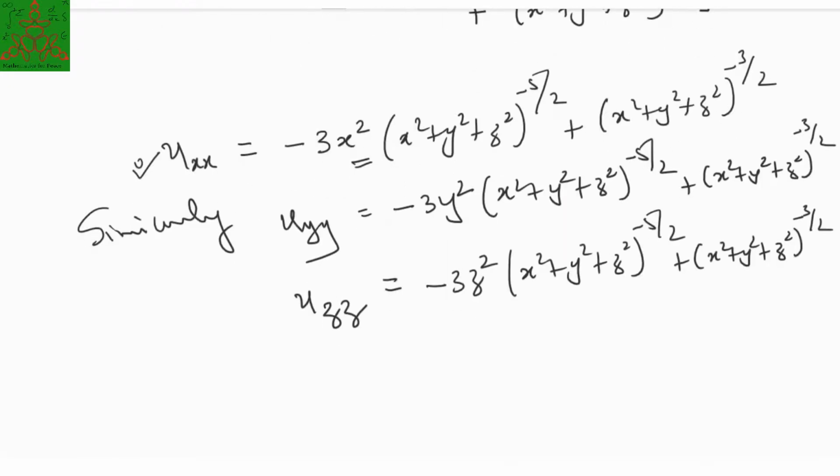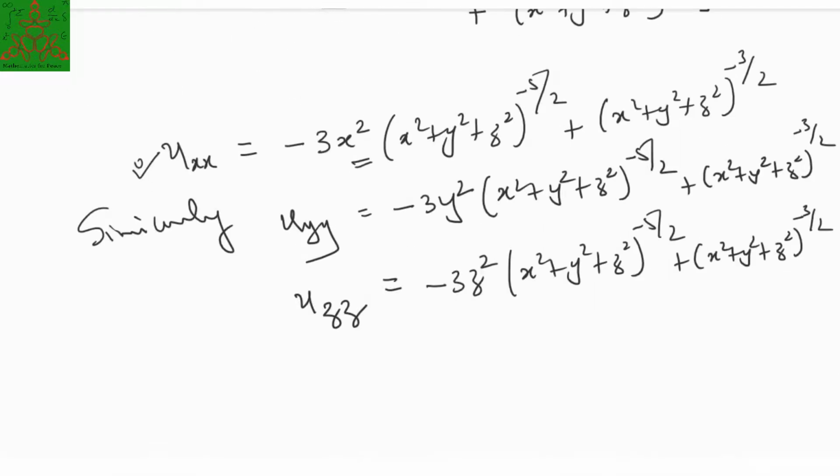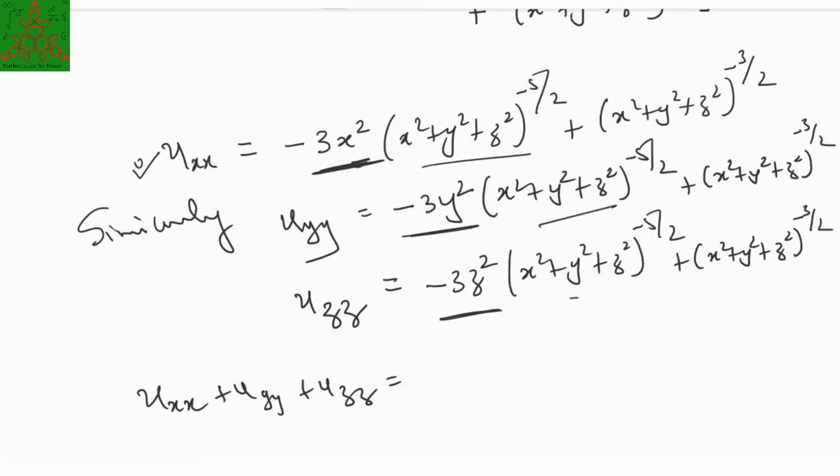Now the question was to find the sum of these three, so that's why we have calculated these quantities. If you sum up all these three, you will have uxx plus uyy plus uzz equal to, now you just observe, minus 3x square minus 3y square minus 3z square, and this quantity will be the same.